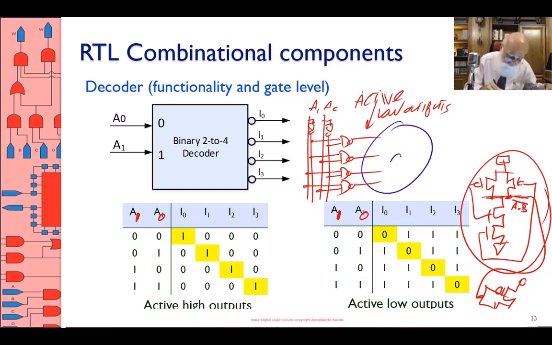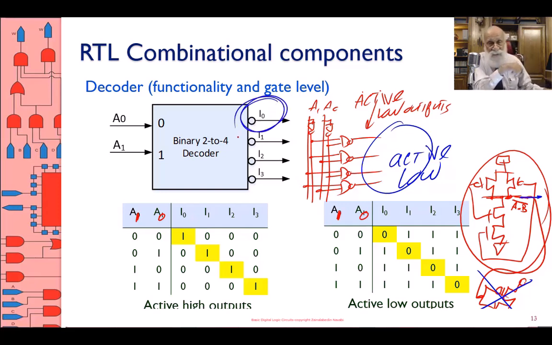These are active low. They don't require this inverter. The output is taken directly from the NAND. And the symbol for it is this bubble on the output.